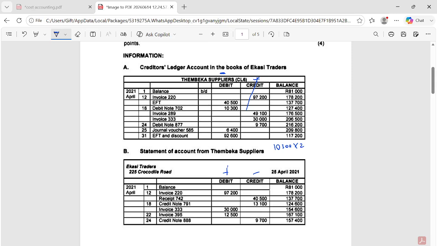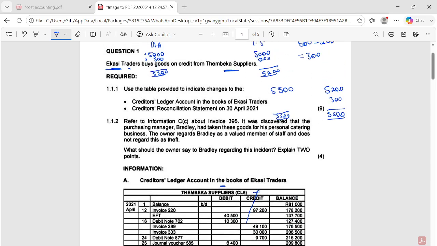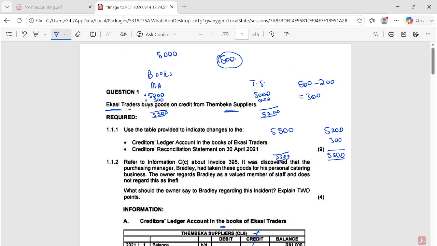And there's something called a general voucher. What's going on with the general voucher? In theory, it simply means that we as Ekasi traders are always buying goods from Temberg. But there's a case whereby Temberg can also buy something from us.